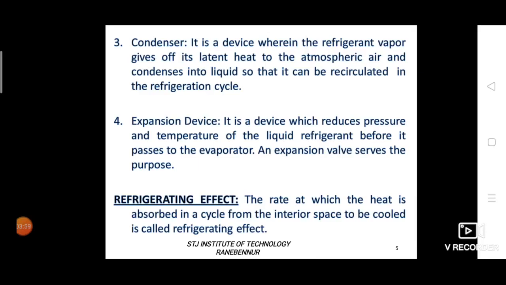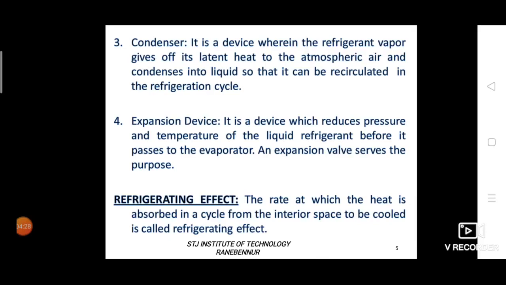When the condenser absorbs the heat from the vapors of the refrigerant, at that time the vapors of the refrigerant change their phase from vapor to liquid. At the end of the condenser, you will get a liquid refrigerant which is at high pressure.